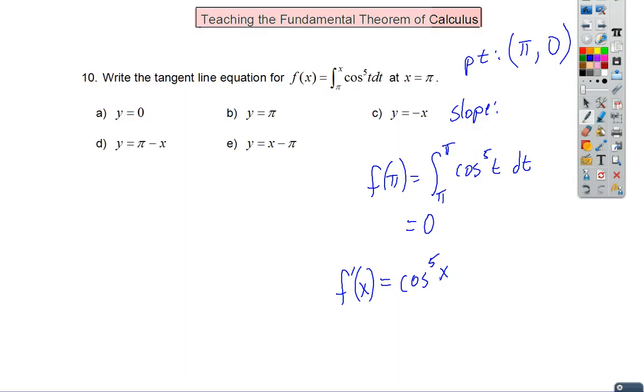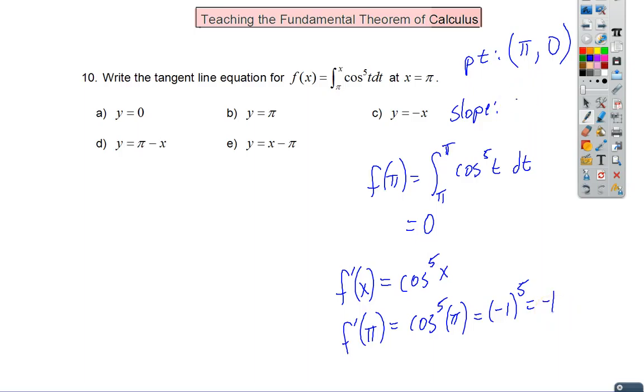Great. So now what can I do? Now I want to find out f prime of pi, which equals cosine to the fifth of pi, which is equal to negative 1 to the fifth power, which is equal to negative 1.